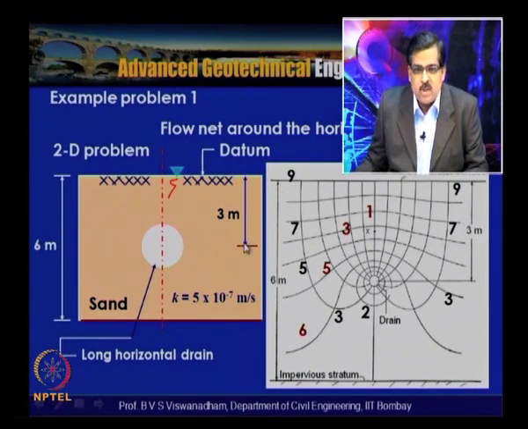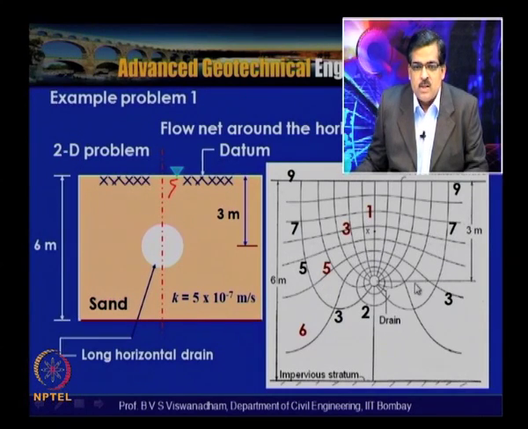So, the head loss which occurs from this equipotential line to this equipotential line is about 3 meters. That means these are the potential lines 9, 8, 7, 6, 5, 4, 3, 2, 1.